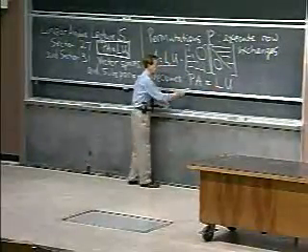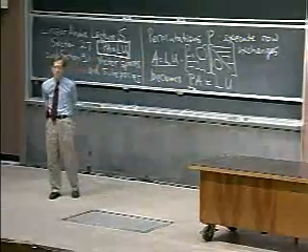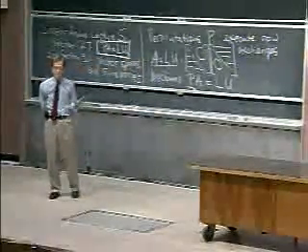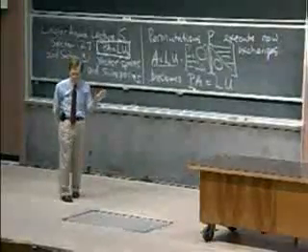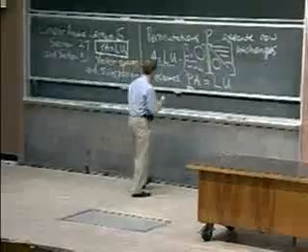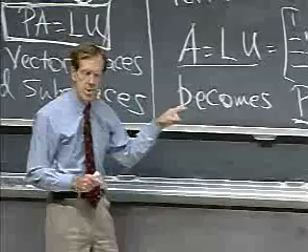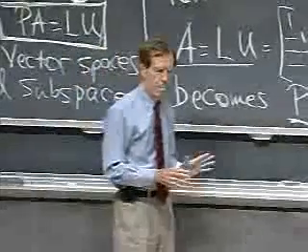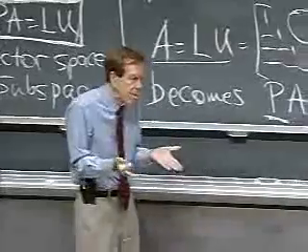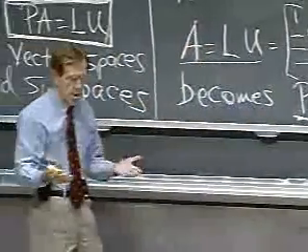So that's the point. Actually, I don't want to labor that point. A permutation matrix, you remember what those were. I'll remind you from last time of the main points about permutation matrices, and then just leave this factorization as the general case.